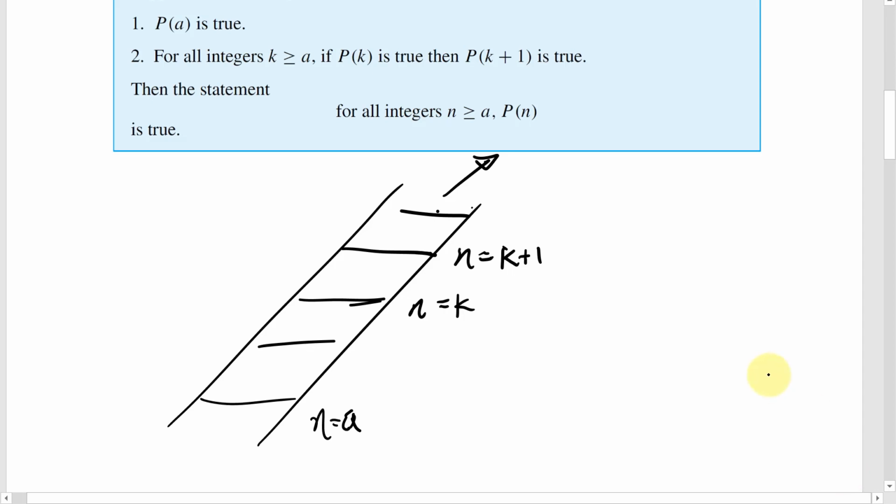My intuition as to why this principle is true generally goes like this.